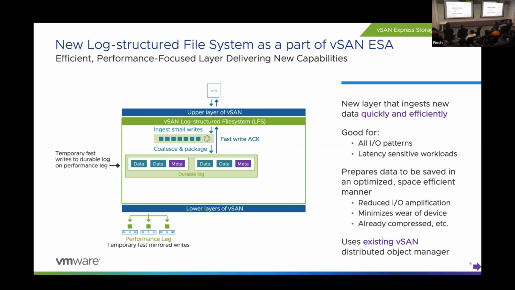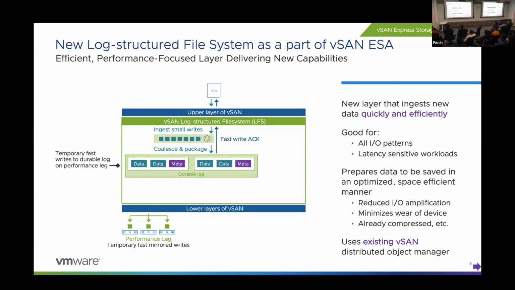So when you write that larger block to the durable log, it helps in a faster write acknowledgement, because the data is not going to the end. It's coming directly from the durable log.